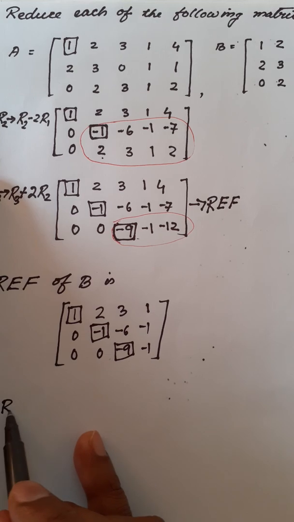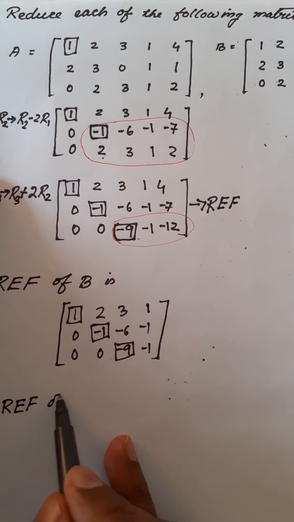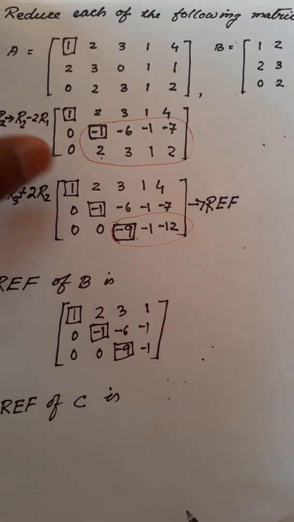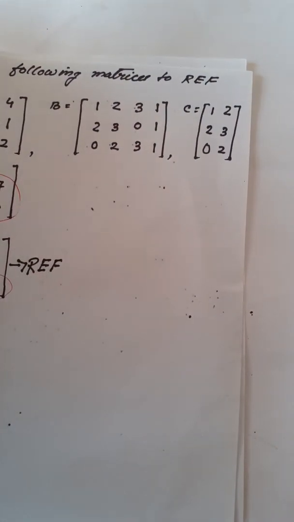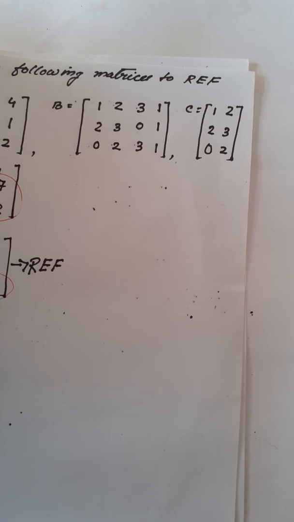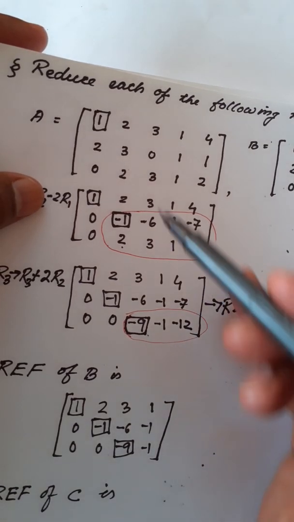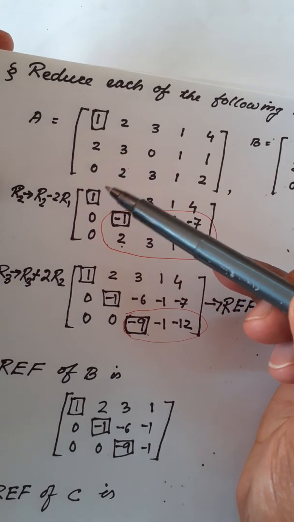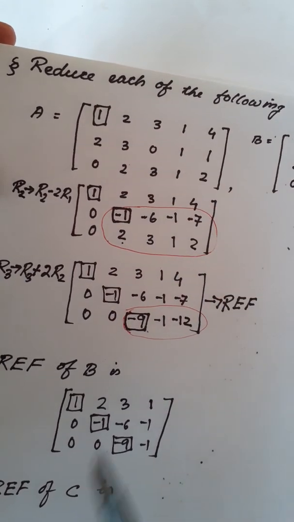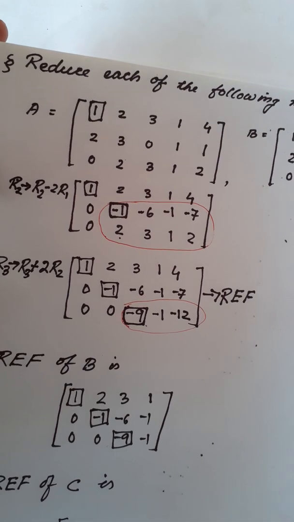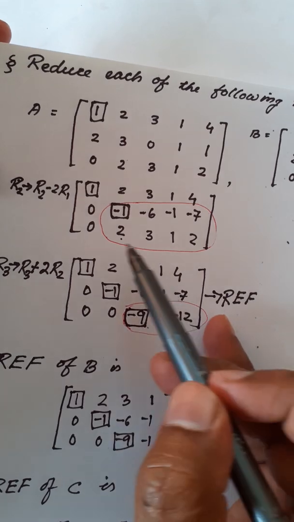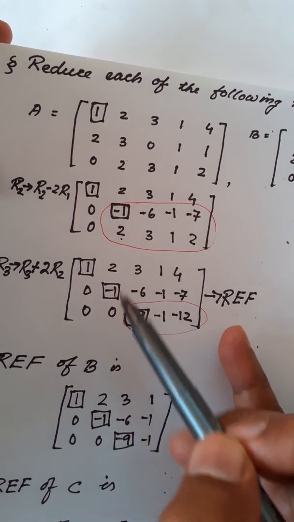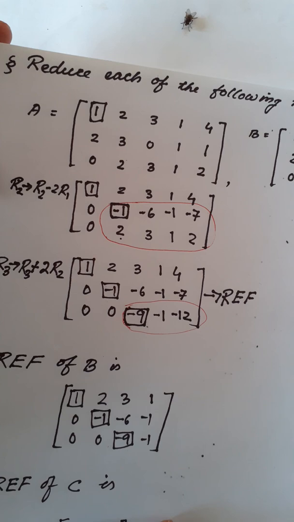Similarly, the row echelon form of C: look into C, the first column is 1, 2, 0, the second column is 2, 3, 2, and this is exactly the same as the first and second columns of A. So we will write the row echelon form using the row echelon form of matrix A. Just copy the first two columns from this.